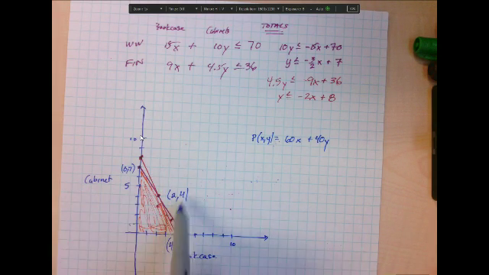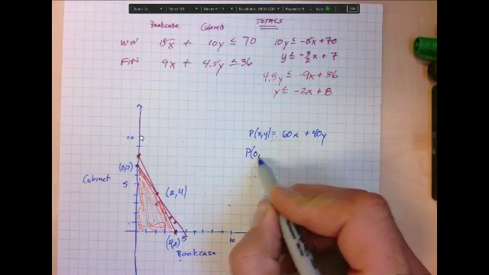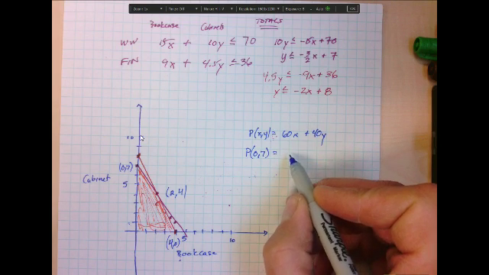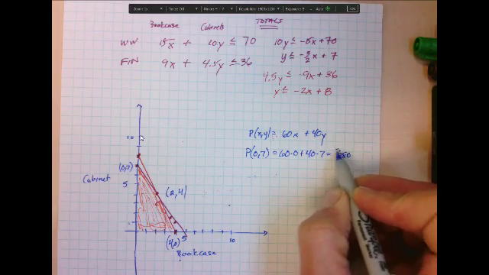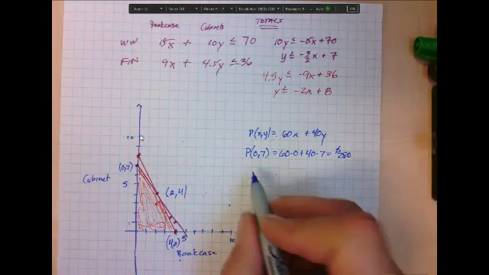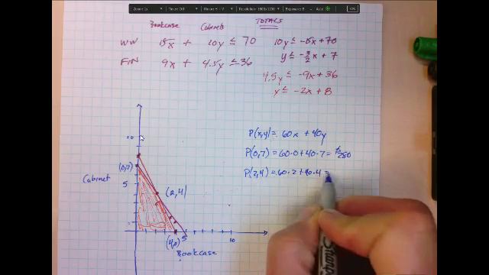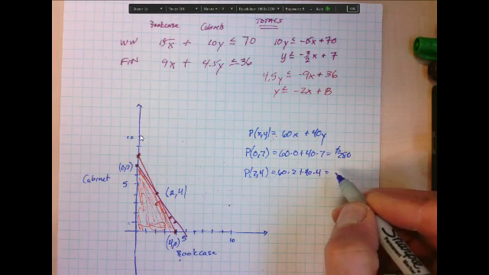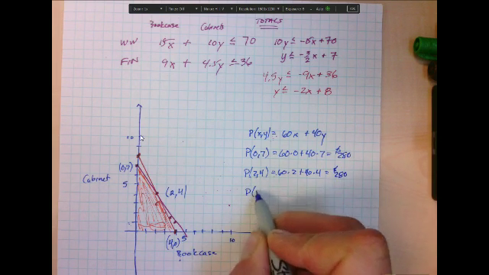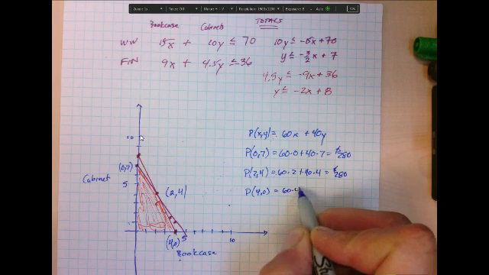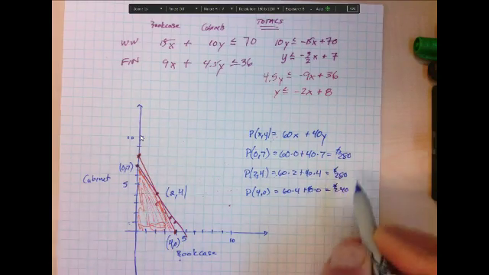And then we can plug and chug with our vertices. $280 as well. My calculations right? Yeah, that's what I got.